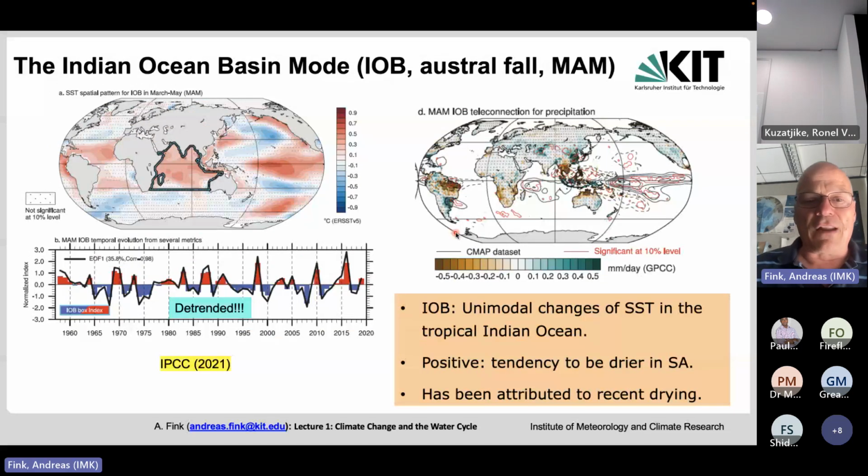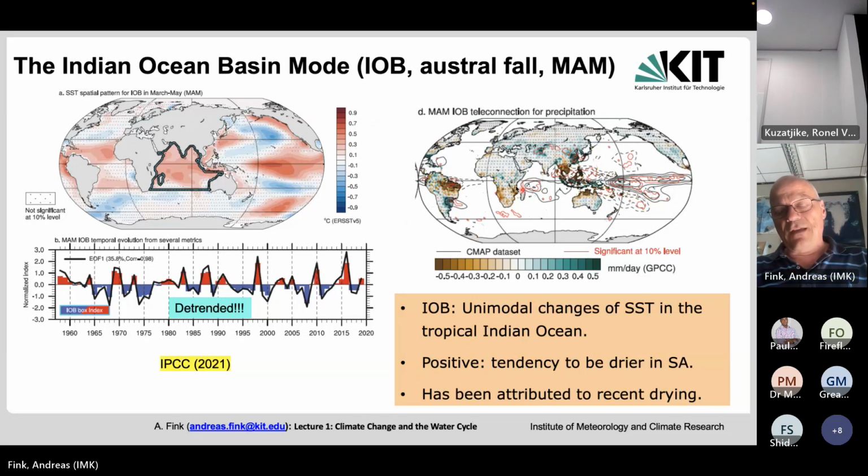There are two other players. That is here the Indian Ocean basin mode, outlined here. It tells you if the entire tropical Indian Ocean is warmer or colder. This time series is detrended because the Indian Ocean has warmed quite a lot in the last 20 to 30 years due to anthropogenic warming. And this tentatively leads to drier conditions in Southern Africa.